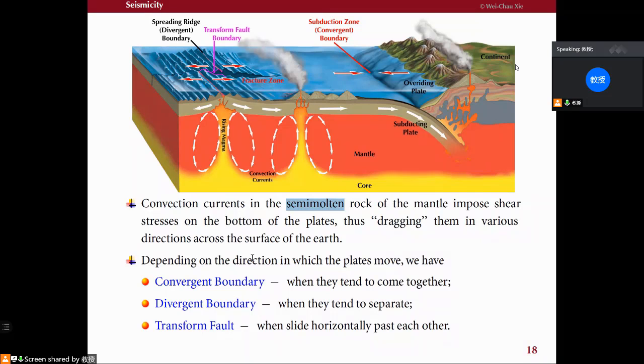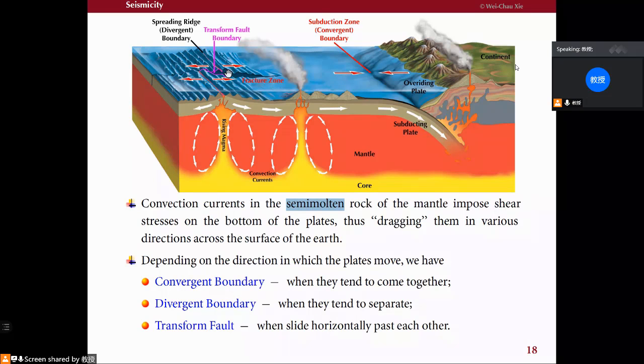Depending on the direction in which the plates move, we have convergent boundaries. That means the two plates are moving towards each other, where they tend to come together. And when they tend to separate, we have the divergent boundary.